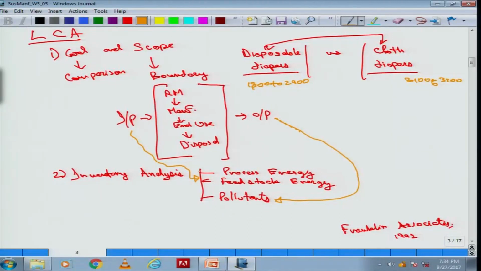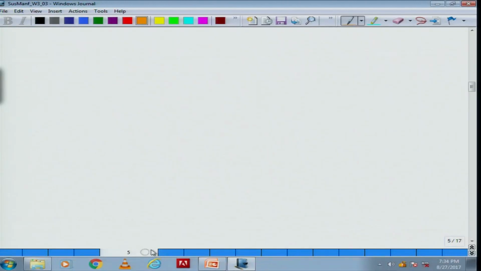So, this is the total usage here. So, when other categories are compared here, disposable versus cloth diaper.